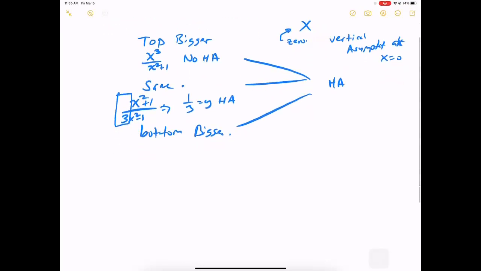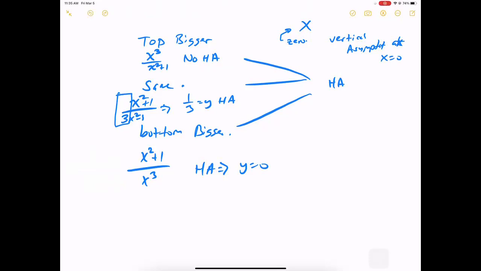And the third one is that if the bottom is bigger, x squared plus 1 over x cubed, our horizontal asymptote, hopefully you remember, is y equals 0. The reason is that as x gets larger and larger, it buries the top. And when you bury a number with a fraction, it goes to 0.